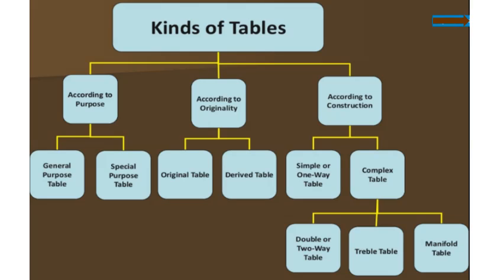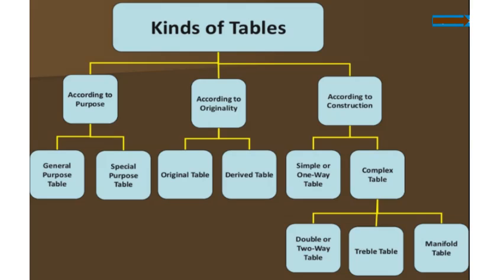Because if we are collecting data in different units, say we are measuring income, let us take an example. If that income is presented in the same units in the table, then that is an original table.